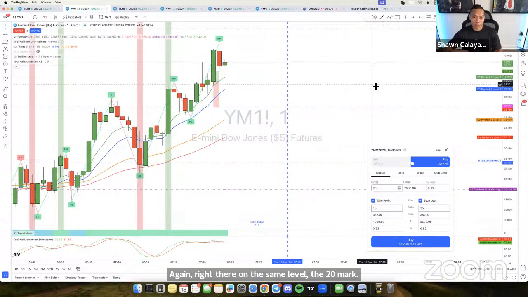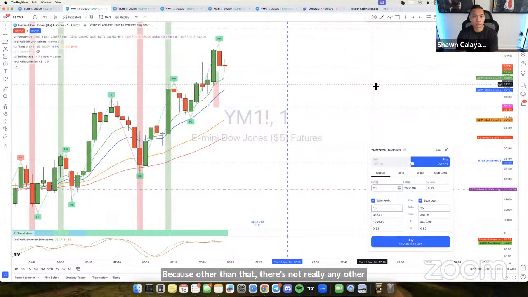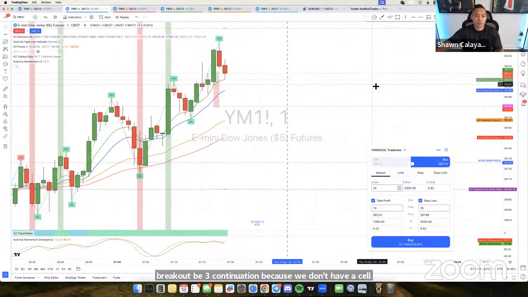So I'll look for price to come down a little bit, and we'll see if we can get a CV entry here. Consolidation variation. Other than that, there's not really any other entries available right now. There's no MPS because the MPS came up already. There's no breakout V3 continuation because we don't have a sell signal. Unless we get a sell signal right here, then possibly.